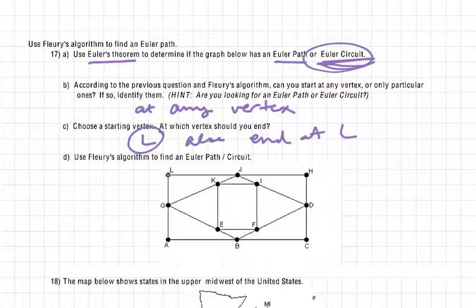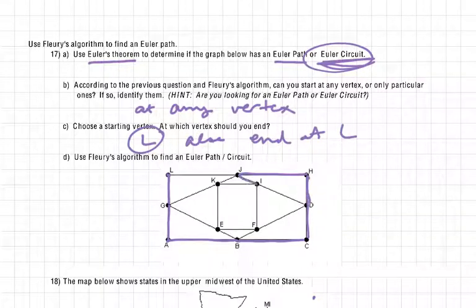So I'm starting at L. I'm going to go down to G, go down to A, go over to B, go over to C, go up to D, go up to H, go up to J. So notice I've gone through every edge exactly once.